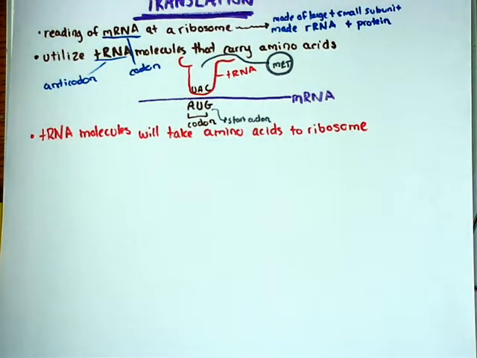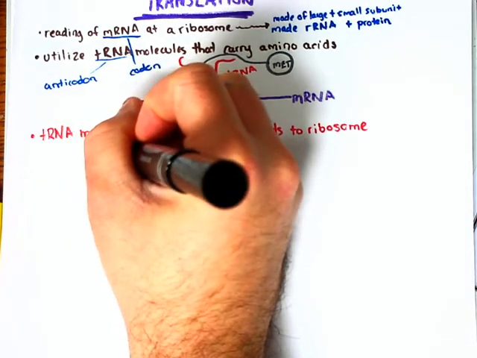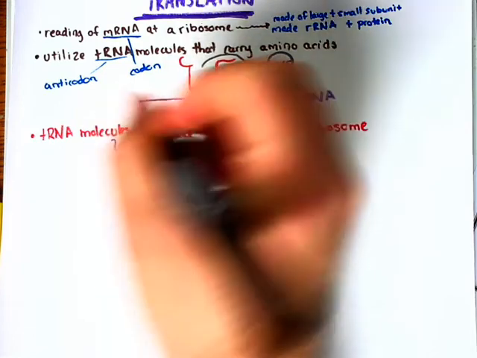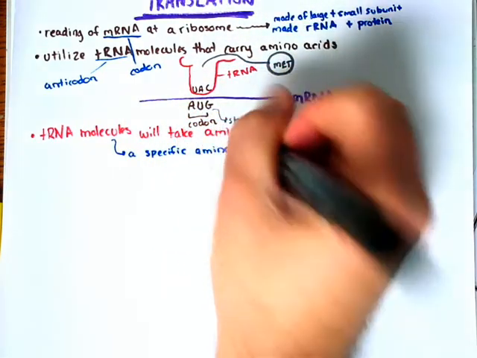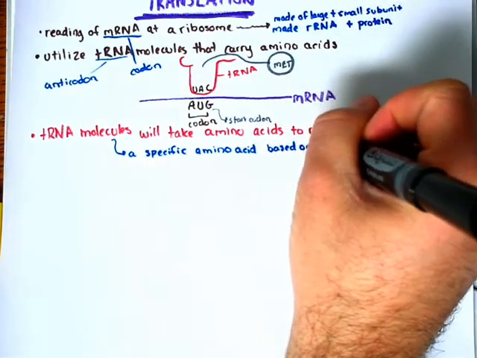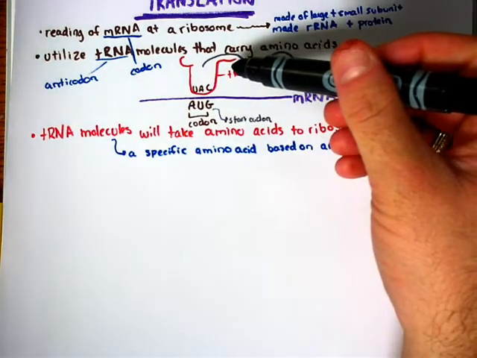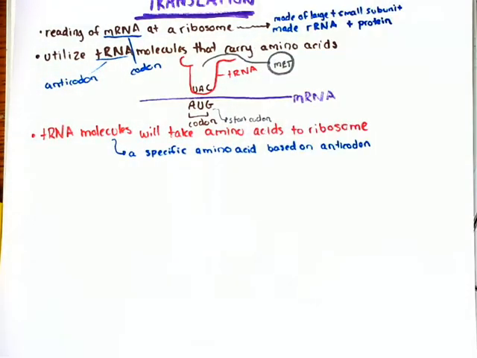And we should recognize, since there's different tRNA molecules, the amino acid that they're going to take is based on their anticodon. So the tRNA molecule is going to carry a specific amino acid, not just any given one, and that's based on the anticodon that it contains. So this tRNA that I've drawn up here, its shape with that UAC anticodon could only ever carry the methionine, and only that.